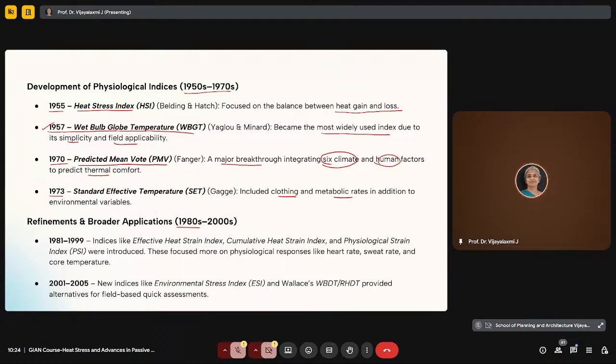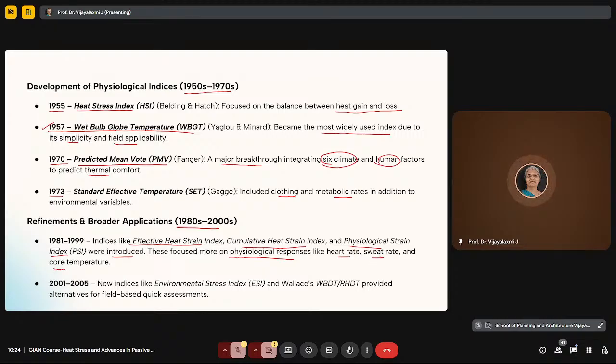Further, up to the 2000s, some refinements came with indices like effective heat strain index, cumulative heat strain index, and physiological strain index. These were introduced because they focused more on physiological responses like heart rate, sweat rate, and core temperature.